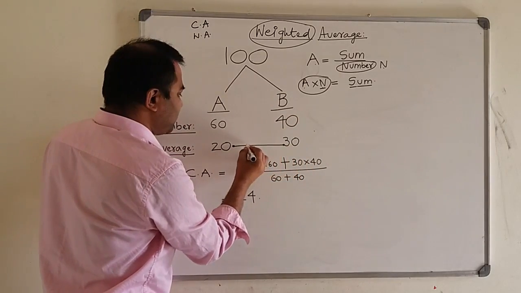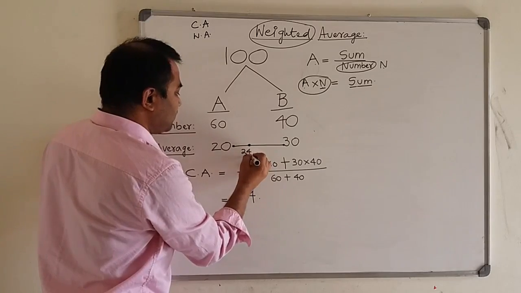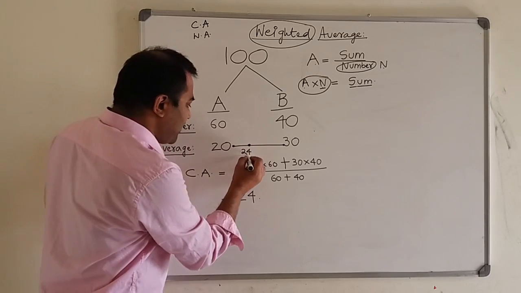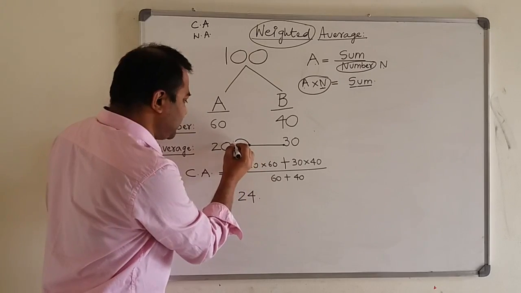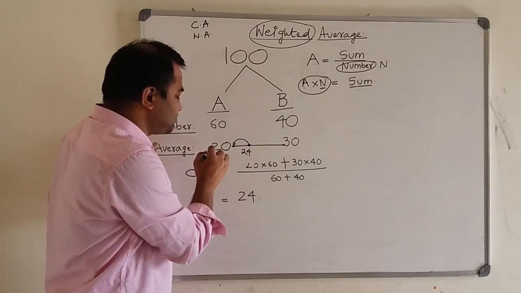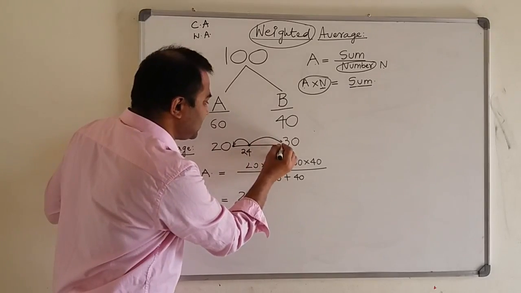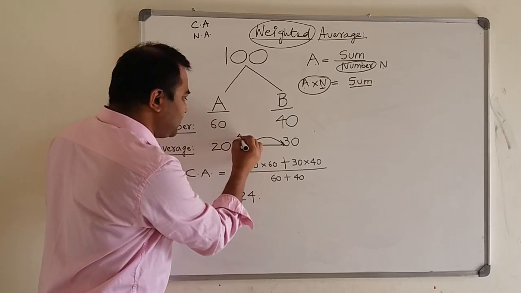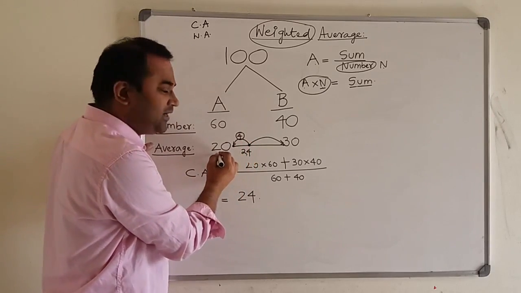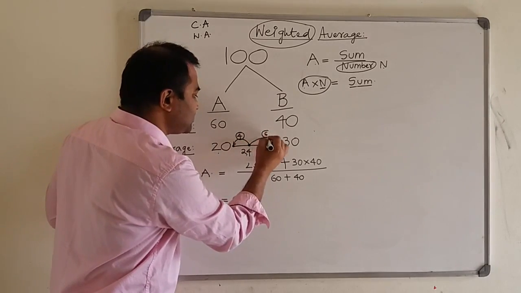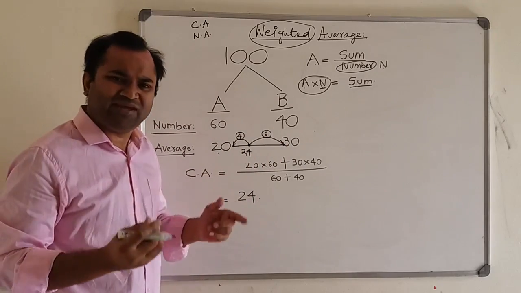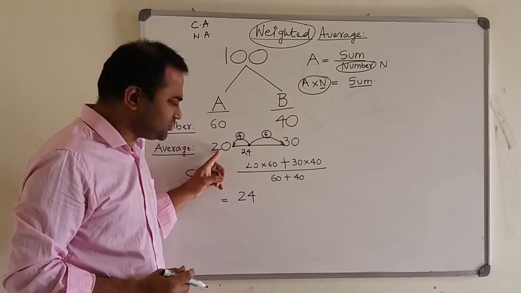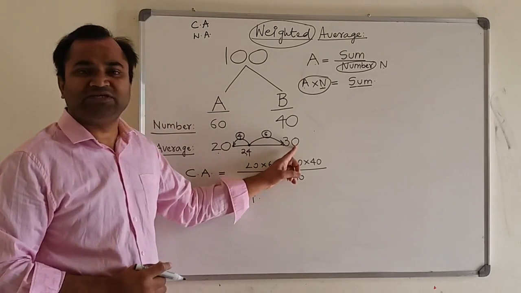Combined average that we got was 24, and it can be observed that combined average 24 is nearer to this average 20 compared to the other average 30. This 24 is only 4 numbers away from 20 but 6 numbers away from 30. So we can say combined average is more close to this average 20 than to the other average 30.